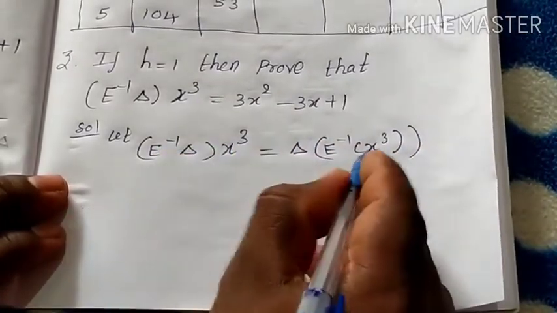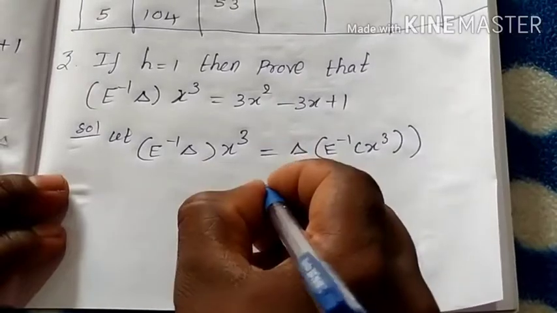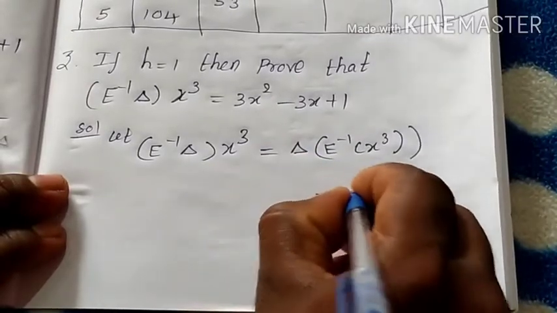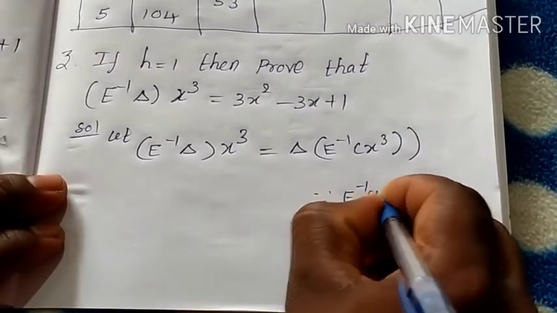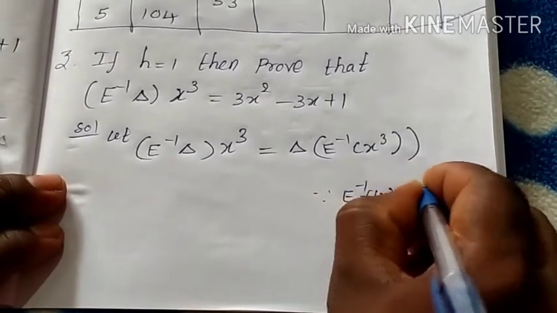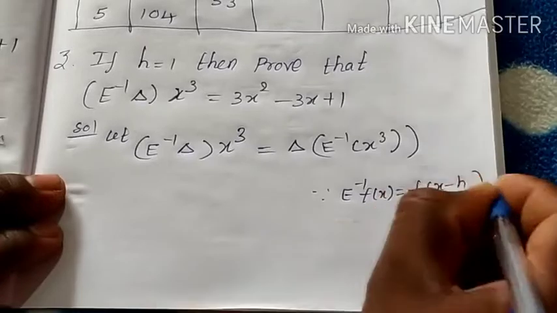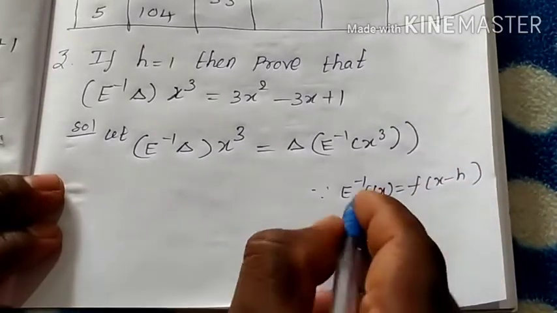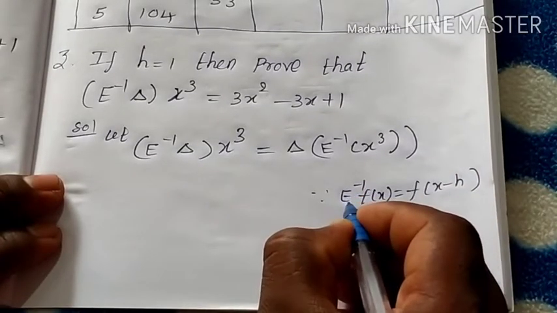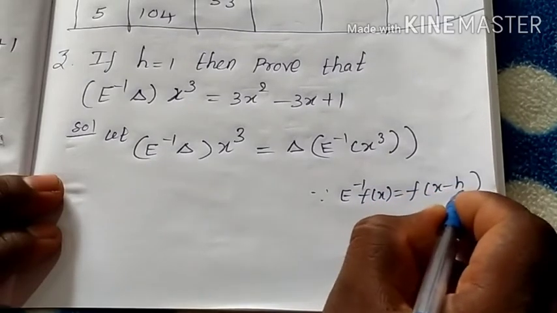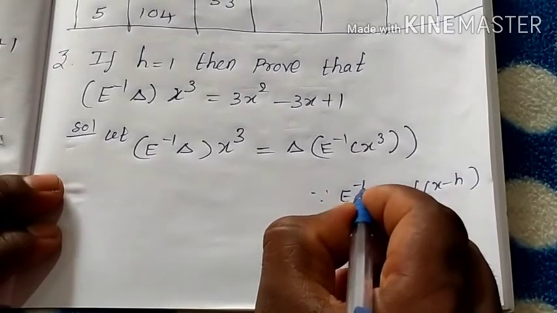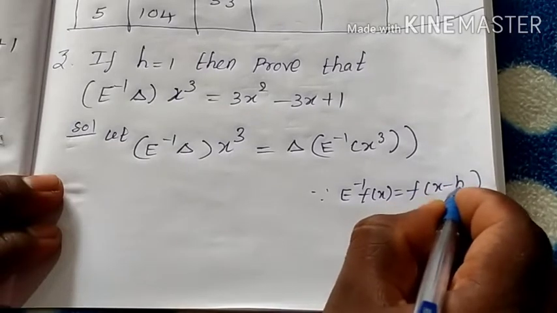Since E power minus 1 into f of x equals f of x minus h. This is your formula. Your general shifting formula is E of f of x naught equal to f of x naught plus h. Here minus 1 means f of x minus h.